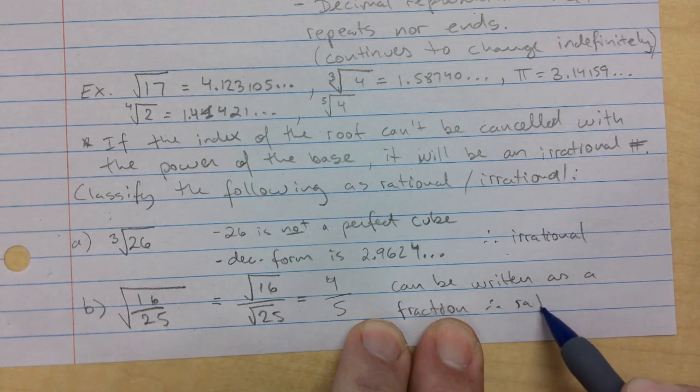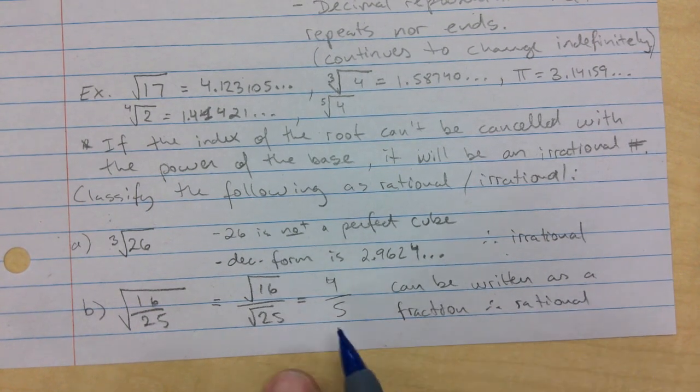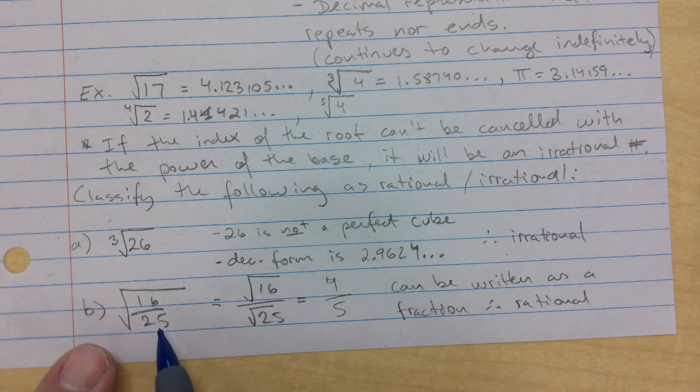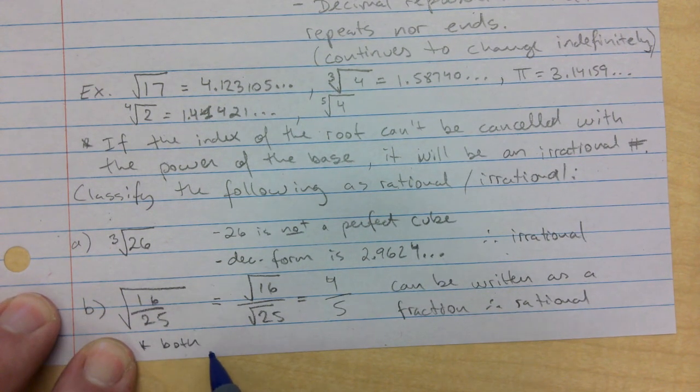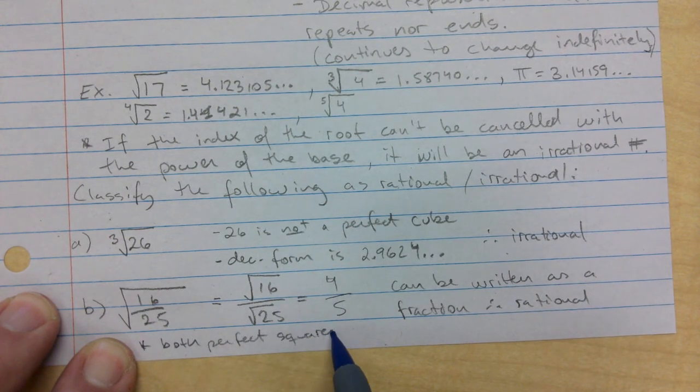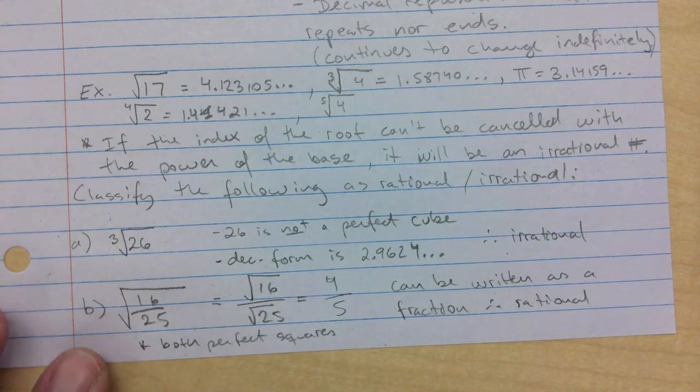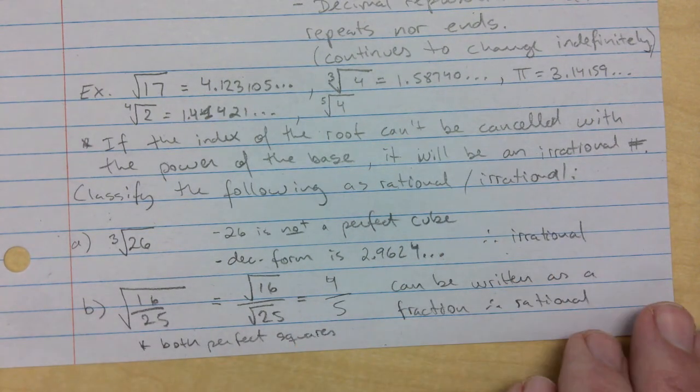Therefore rational. Notice that there are no roots left, so they were both perfect squares. I'll make a note, both perfect squares, because in this case, your index was 2, right? So that's how you identify it there.